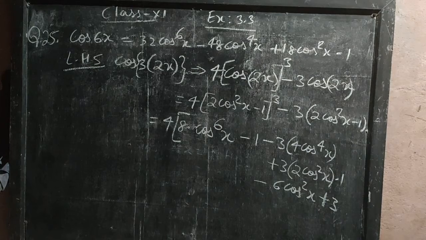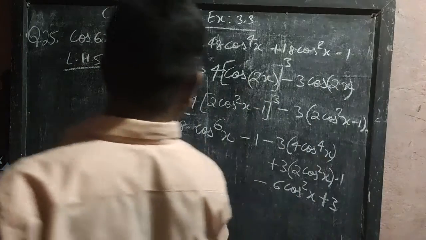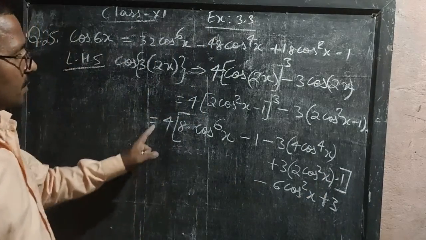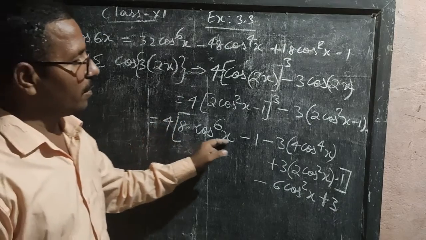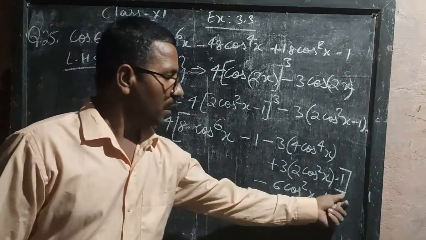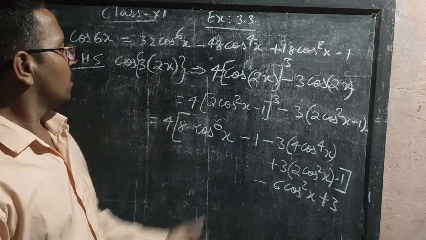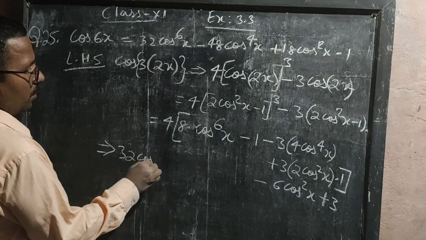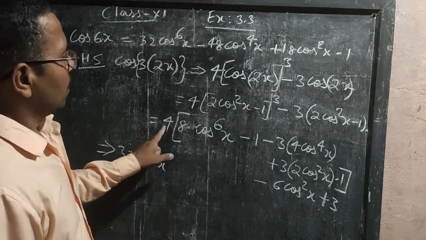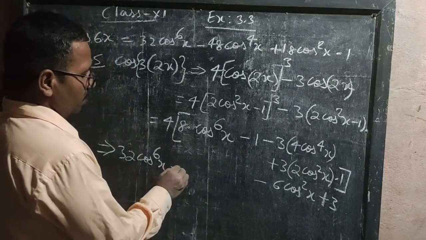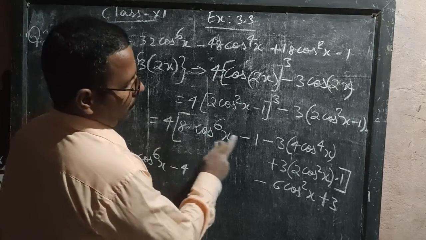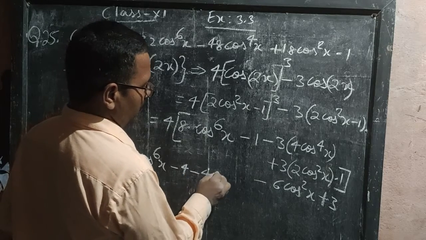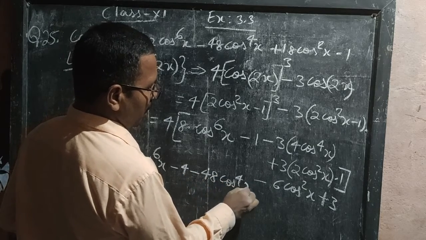Now students, what do we have to do here? Up to here we have used the identities. This 4 is outside, so it should be multiplied with each and every term, because the square bracket closes here. So 8 times 4 is 32, 32 cos to the power 6x. 4 times 1 is 4, minus 4 we will get here, and 4 times 3 is 12, and 12 times 4 is 48, minus 48 cos to the power 4x.